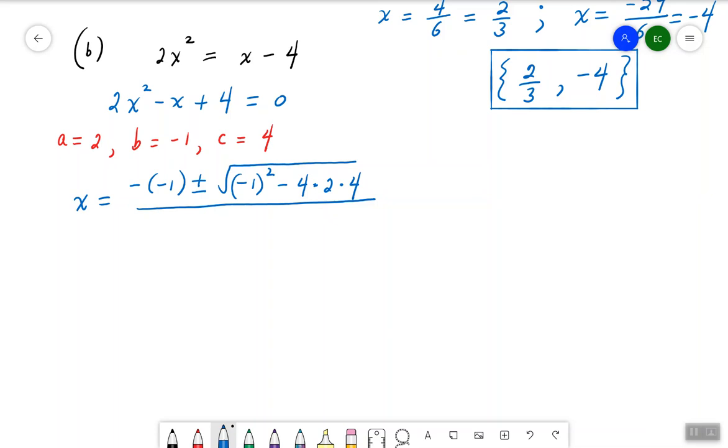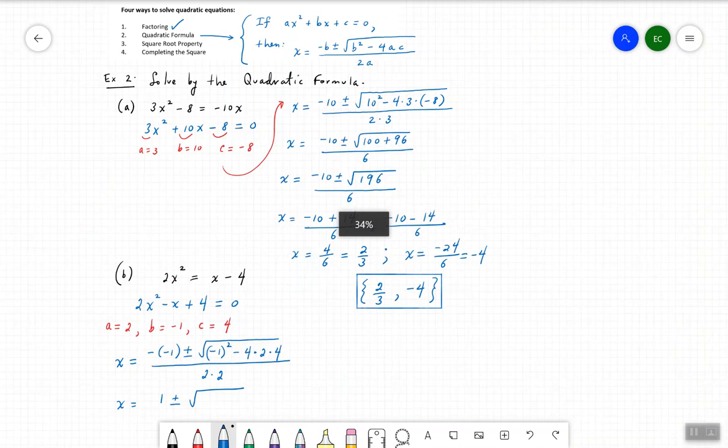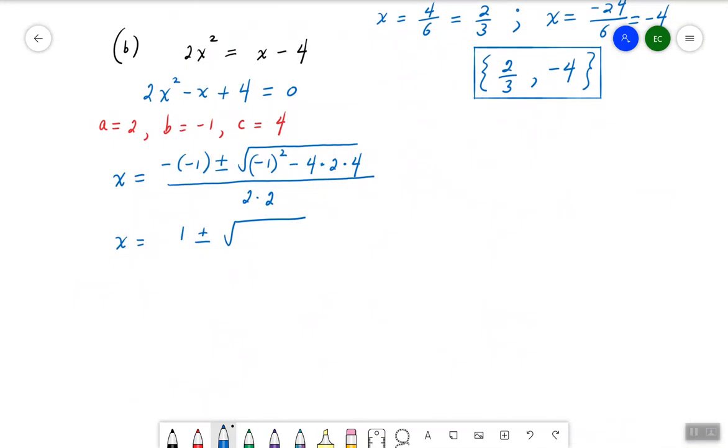The denominator is 2 times a, so that would be 2 times 2. And then when we solve this, we get 1 plus or minus the square root of, let's see here, 1 minus, that's 8 times 4 is 32, 1 minus 32 is negative 31, over 4.